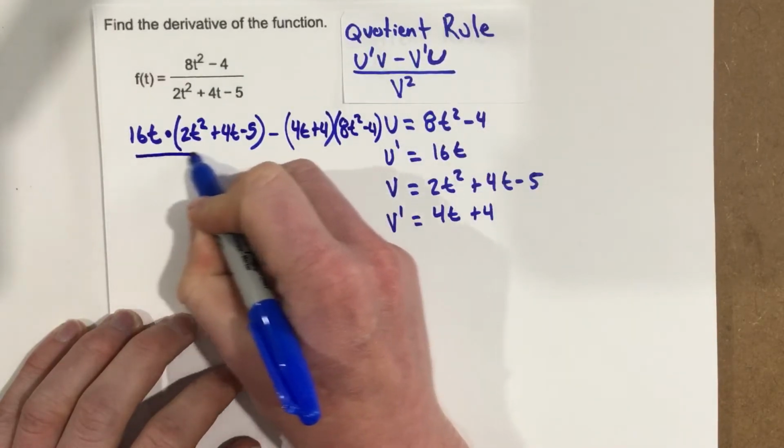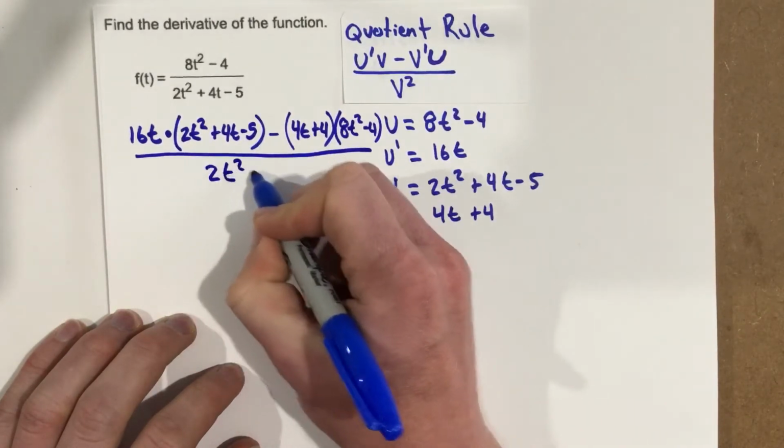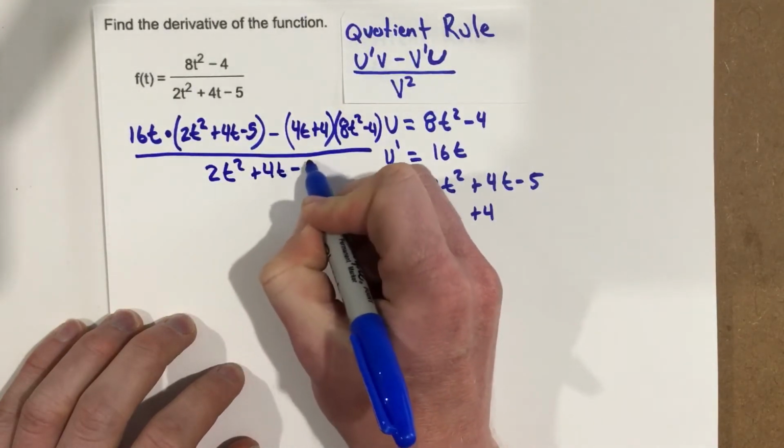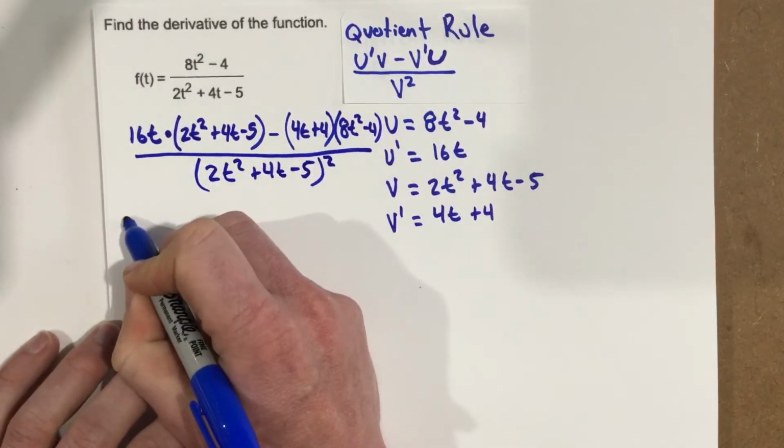And that's all over v squared, which is 2t squared plus 4t minus 5 squared.